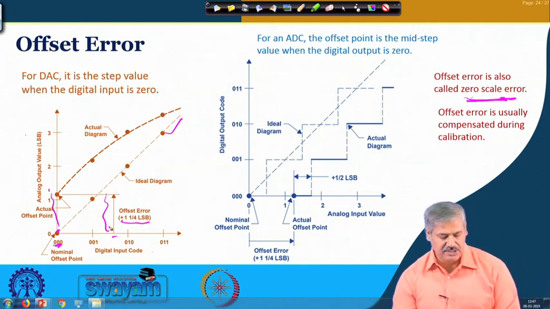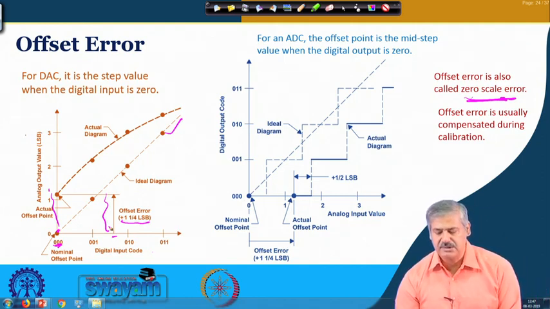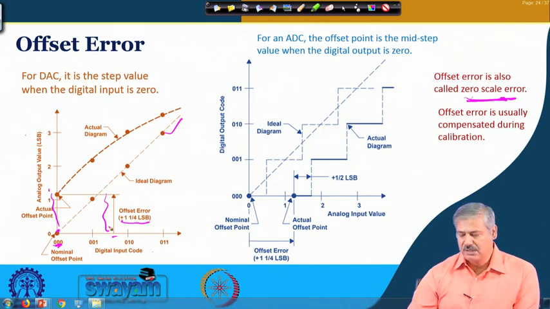Now comes the ADC offset error, right. So for the ADC offset error, you start again: if it is 0, it is 0. Then if you keep increasing the analog voltage, the first transition occurs over here. So this is related to this offset error or zero scale error, right.